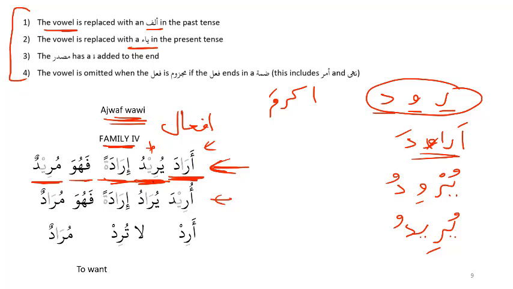Okay. So, unfortunately, we just need to remember that for arada yuridu, the middle root letter is a waw. And this is not logical. It's not something you can derive based on looking at this. It's just something that you know.